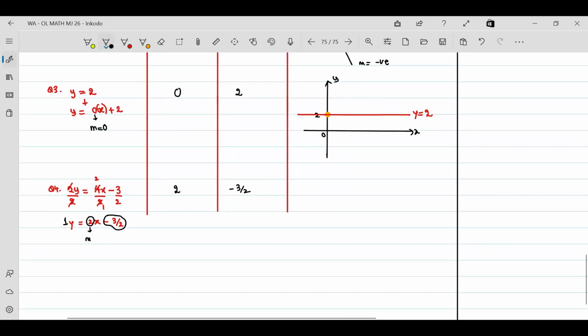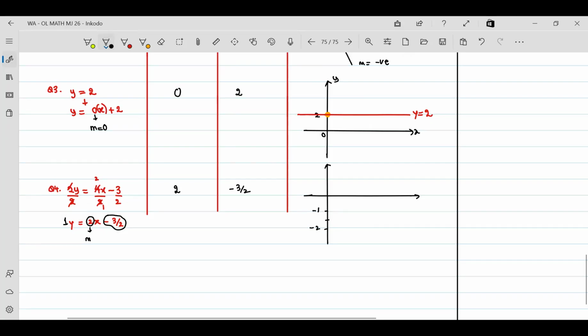Minus 3 over 2. If I am to draw the graph, does the graph have a positive gradient or negative gradient? A positive gradient, but a negative y-intercept, right? So it has to be upward sloping, but it has to cut the y-axis at, say, this is minus 1, this is minus 2, this is minus 1.5. Do all of you agree?